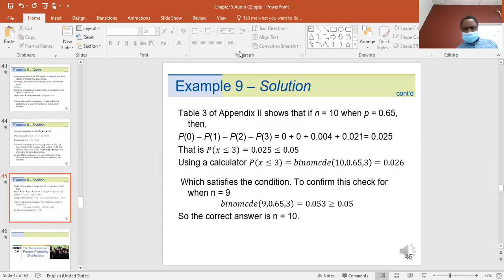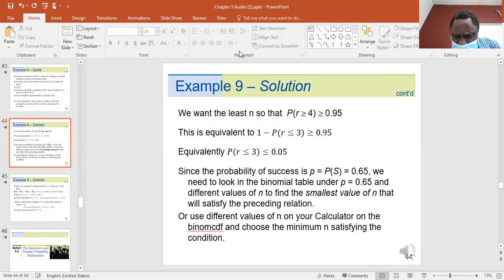Anybody has an answer for 8? Once we finish, we are free to go. So let's just finish. Anyone, for 8, what do you have? 0.106.